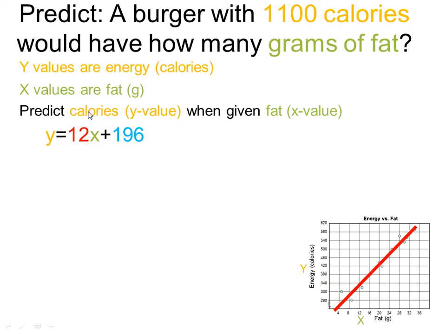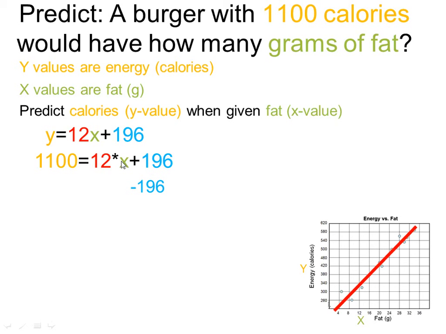Oh, and that's actually changed this time. We want to predict the fat when given the amount of calories. So y is equal to 12x plus 196. Since we are given the calories, the y value, we want to plug that in for y, not for x. So 1,100 is equal to 12 times x plus 196.